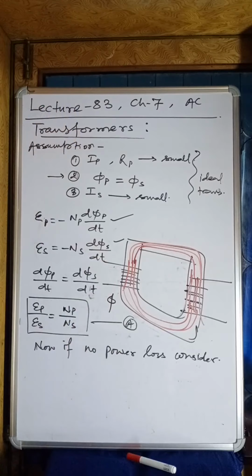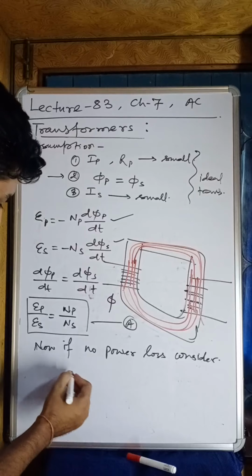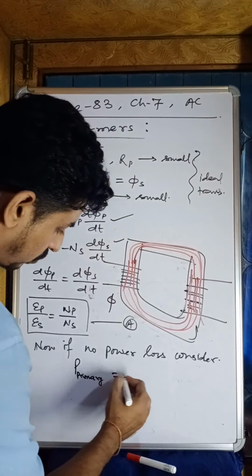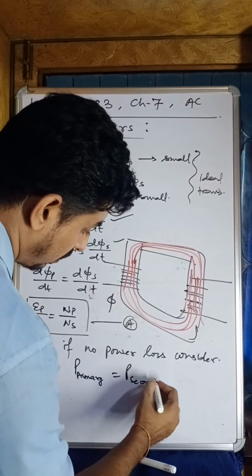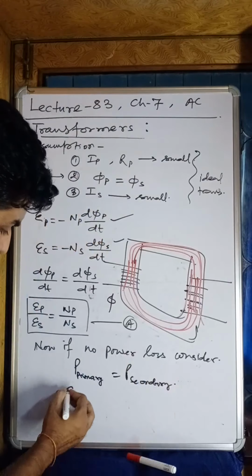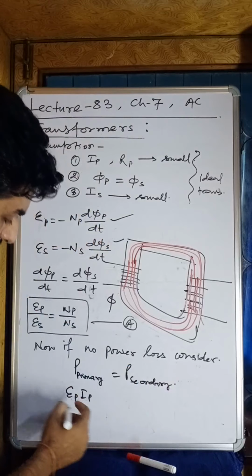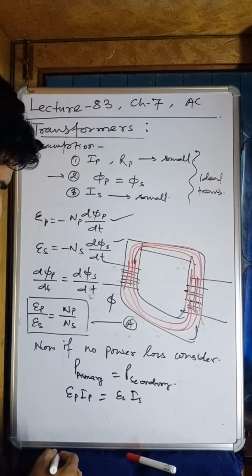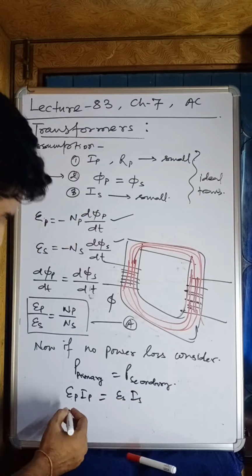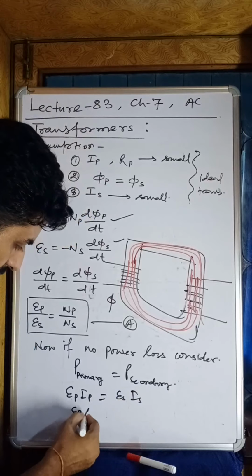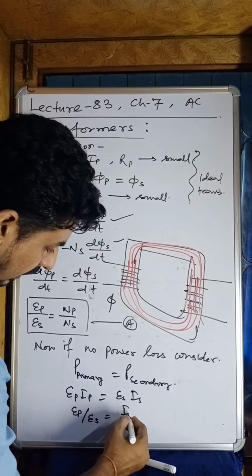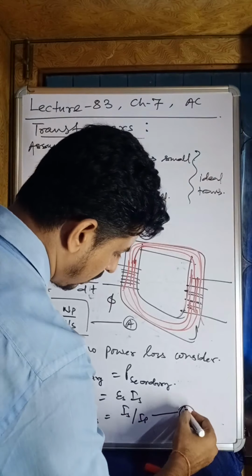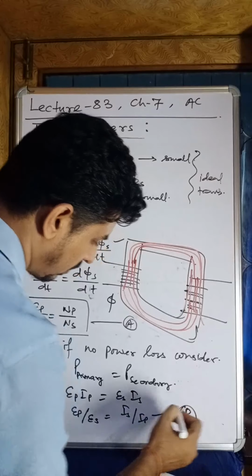But here we are taking the ideal case, in which the power at the primary coil should equal the power at the secondary coil. In this case we have EP IP equals ES IS, and again taking the ratio of EP by ES gives IS over IP. Now this is equation B.